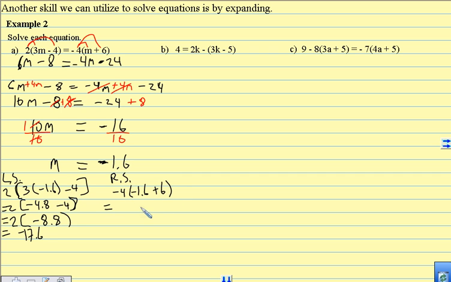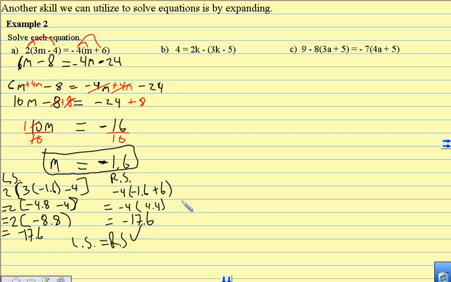Well, that would become equal to negative 4 times 4.4, and negative 4 times 4.4 would be equal to negative 17.6. So there again we have left side equals right side. So our solution is correct. m equals negative 1.6.